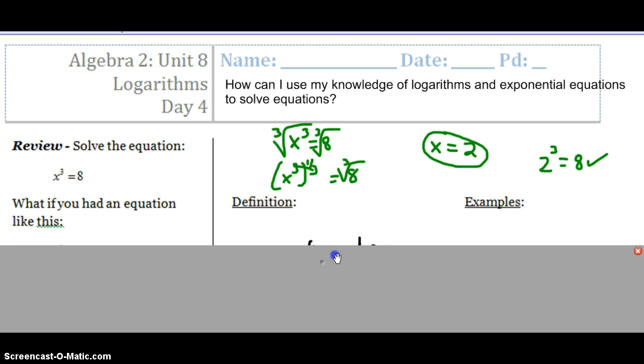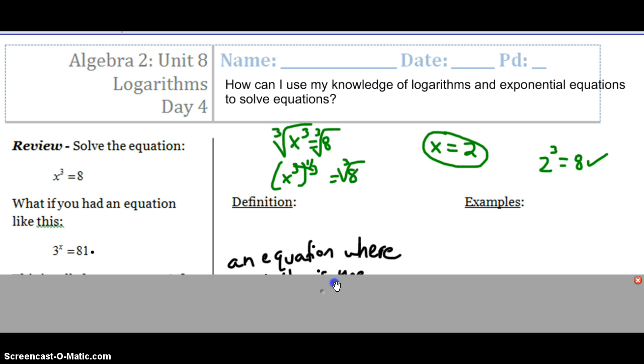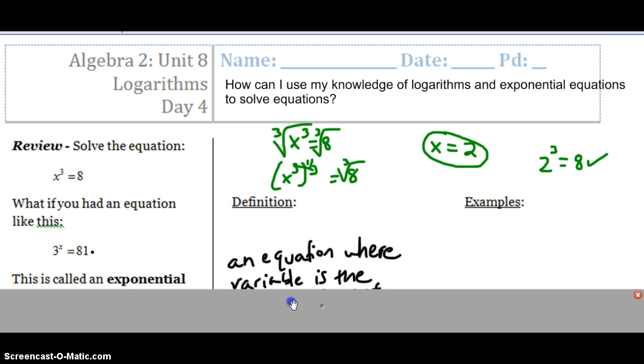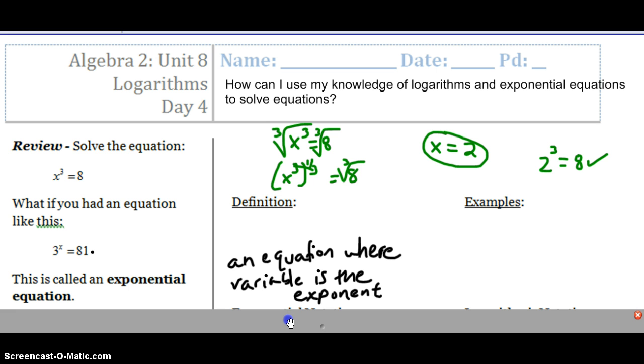Now if we had an equation where the exponent is the variable, that's what we call an exponential equation. That's an equation where the variable is the exponent. So if we had this example, 3 to the x equals 81, remember we could solve it by thinking about 3 to what power would be equal to 81.